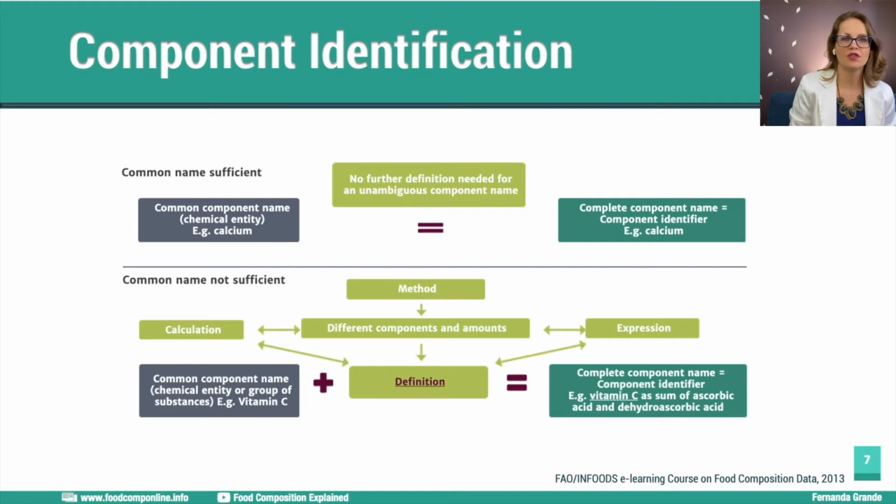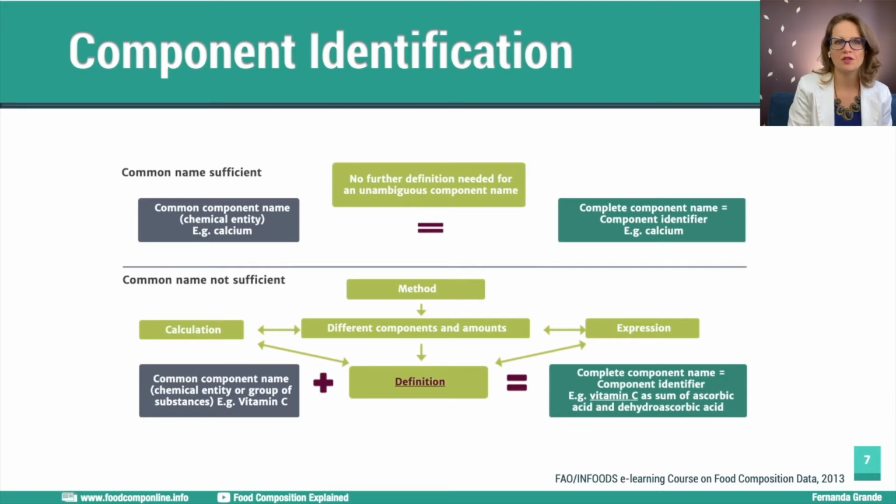This is the case, for example, for vitamin C. We need the common name of the component, but we also need the definition of what is considered vitamin C in this food composition table. And when we say the definition of the component, it can include the analytical method that was used to generate the value that is presented in the food composition table, but it can also include the calculation method and the expression of the component.